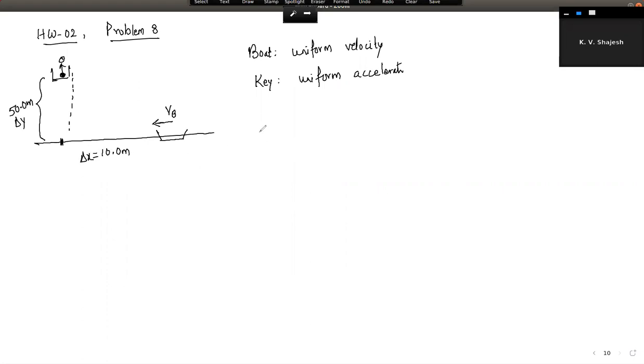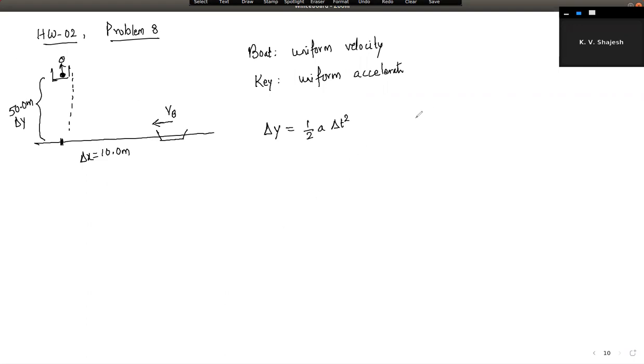The key falls vertically down and it's released from rest. So delta y is half a delta t squared. The acceleration is minus 9.8, but the positive distance will be just 9.8, or you can say delta y also will be negative.